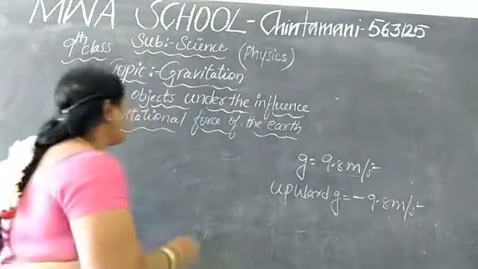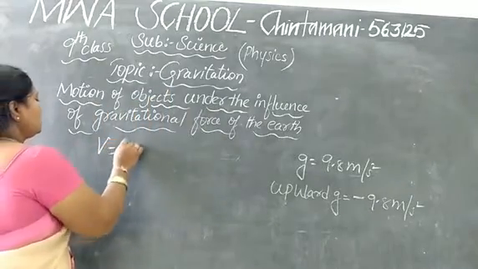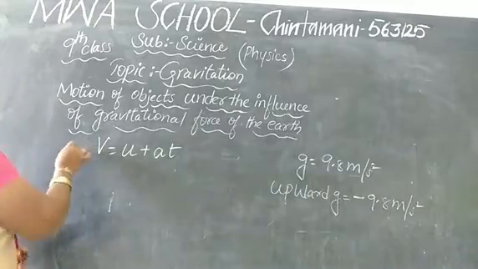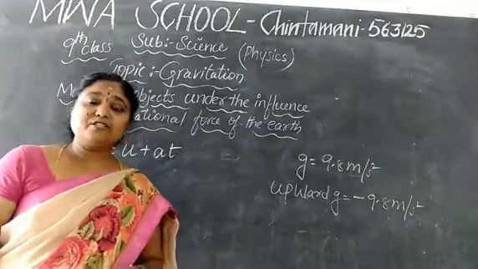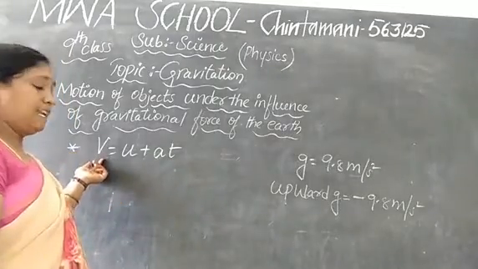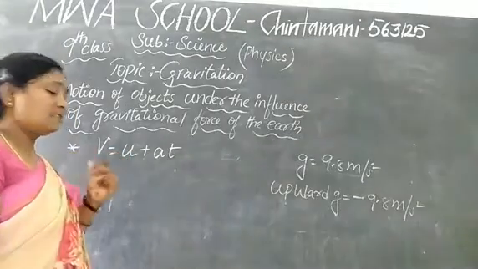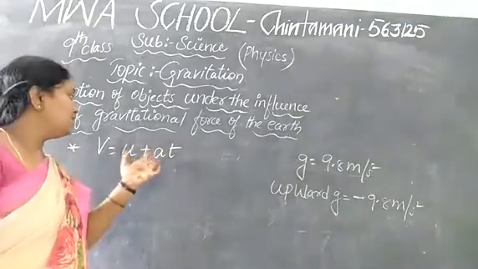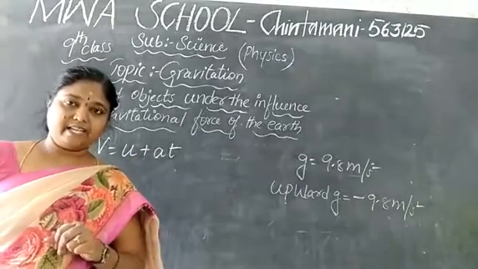That is V is equal to U plus AT. What do you mean by V? Final velocity. U is initial velocity. A is acceleration. T is time taken.